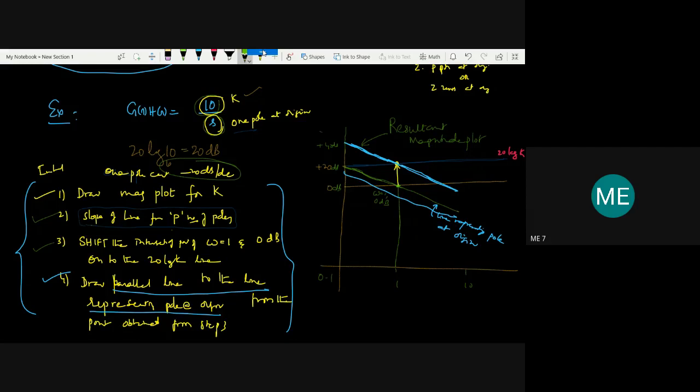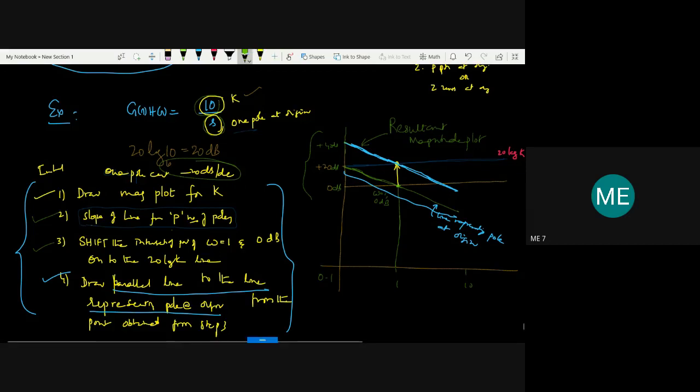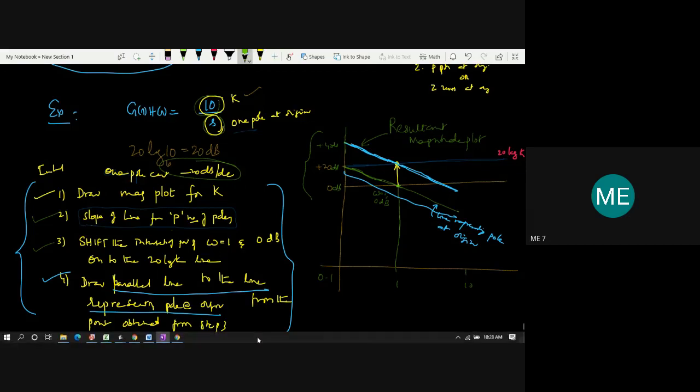So we can get the initial slope of the Bode plot from the resulting magnitude plot. This is a very, very important step in the beginning of the Bode plot. Once you understand this step, then it will be easy. Okay, right. So today we stop here.